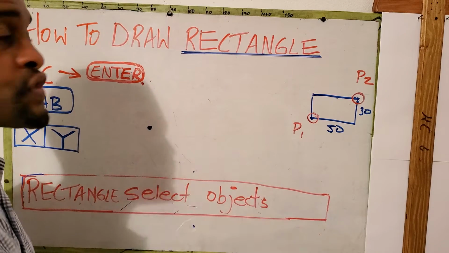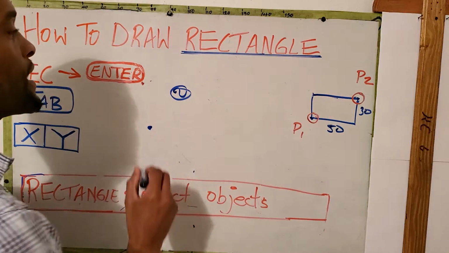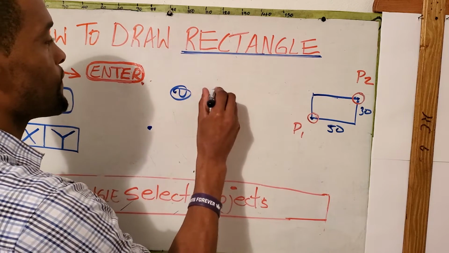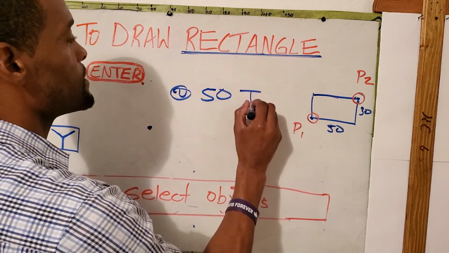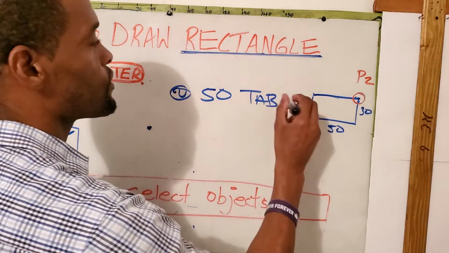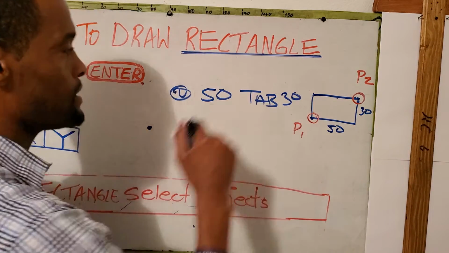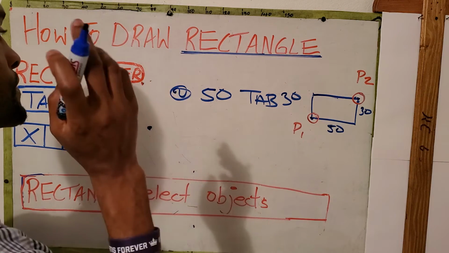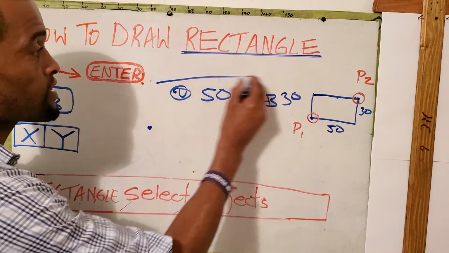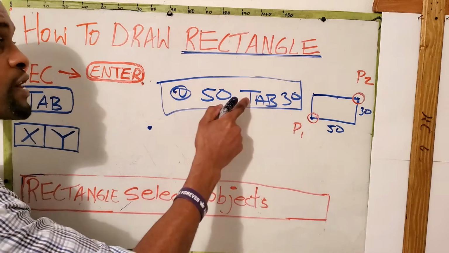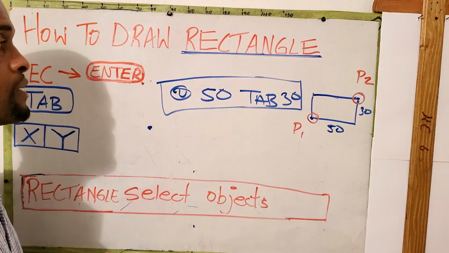Note, you must use the at sign before the X value. So it is @50 tab key 30. Enter. Very, very important to note. Again, for AutoCAD Architecture, you need to use the @ sign before you enter these values.